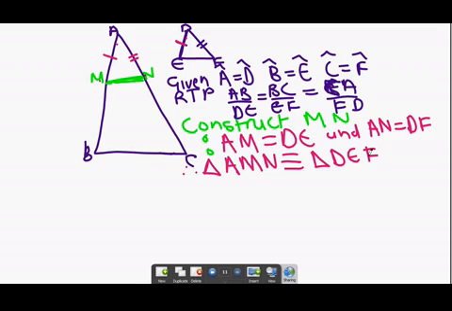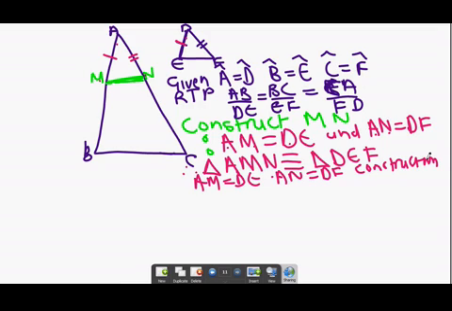Because AM is equal to DE and AN is equal to DF. Let's write down our reason. AM is equal to DE, AN is equal to DF, from our construction.